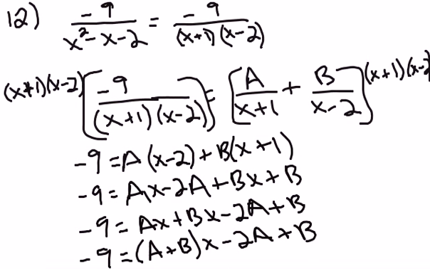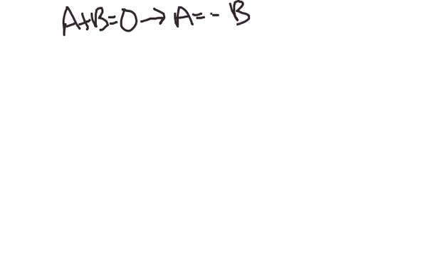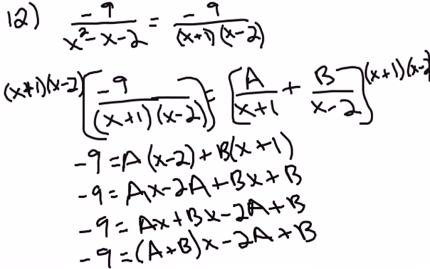Okay. So here you can see that there's no x's over here, so the coefficient of x, a plus b, is equal to 0. Which right away I can say a is equal to negative b. And then I have this constant, negative 2a plus b is equal to negative 9.